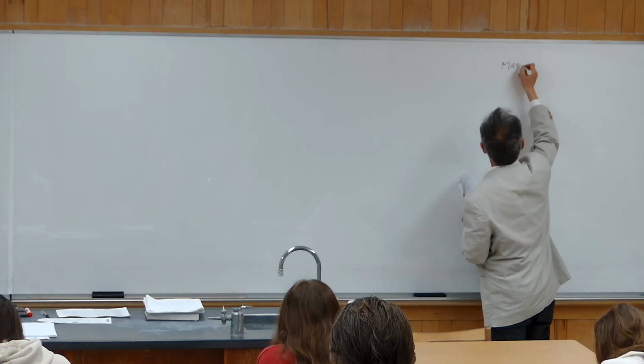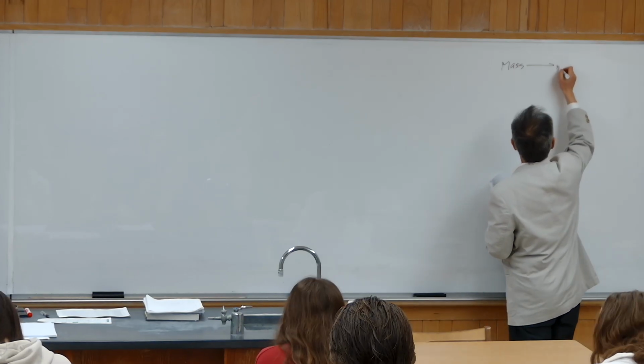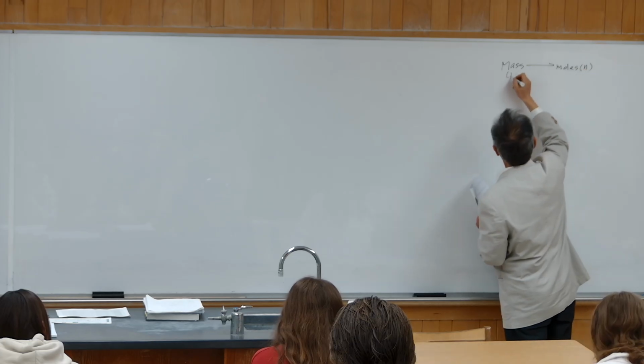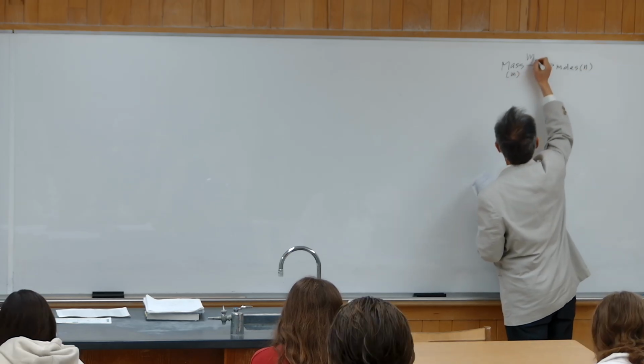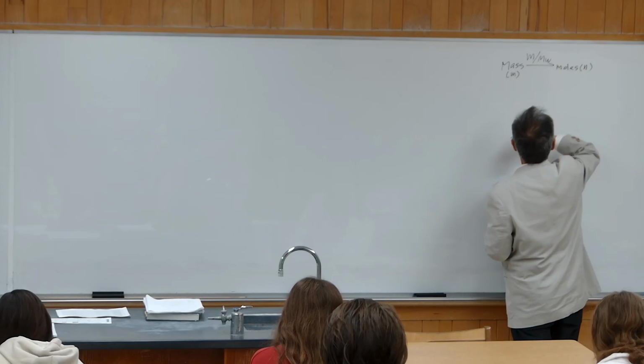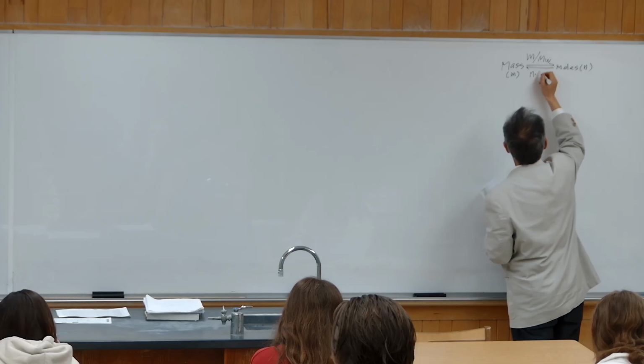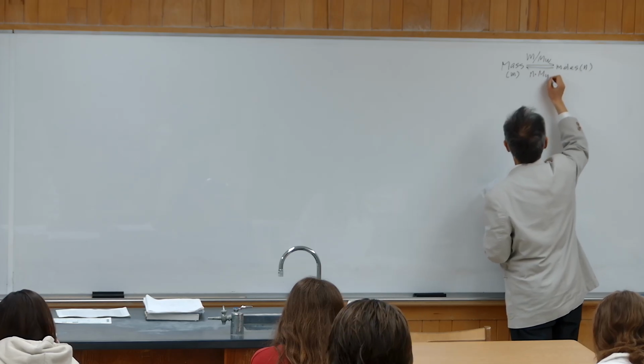Mass, the moles. Mass, lowercase m, to moles is mass divided by molar mass. If we know moles, back to mass is moles multiplied by molar mass.